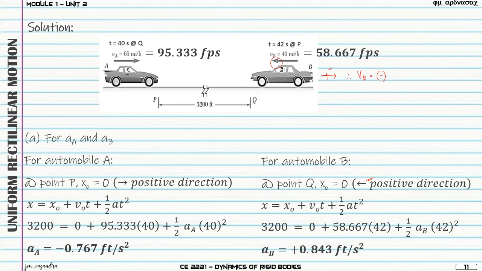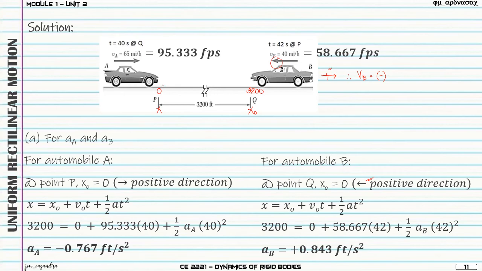And likewise, the initial position now will be, so this is 3,200 and this is 0. Okay? So this will become our x sub O and this will be our final position for this.